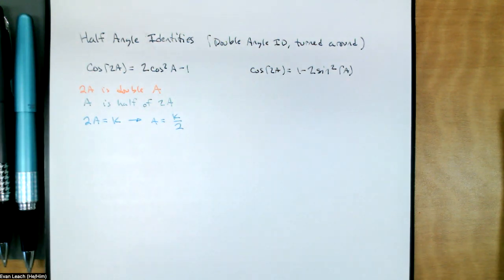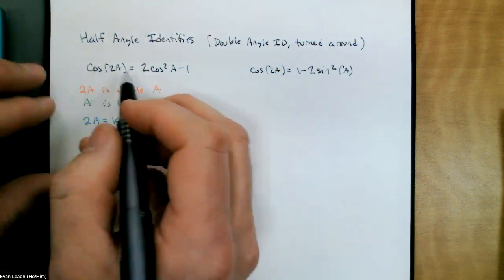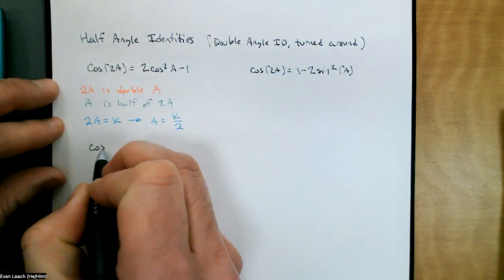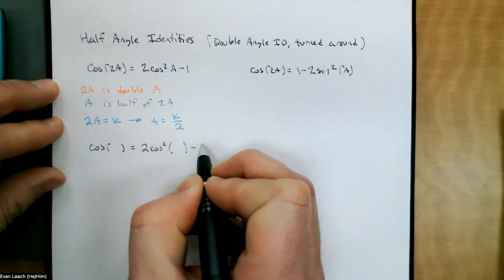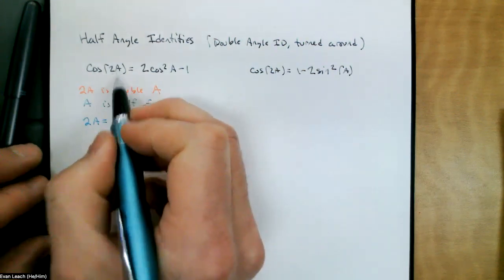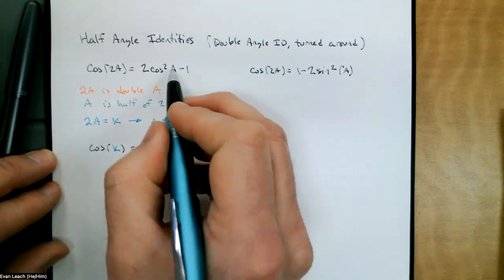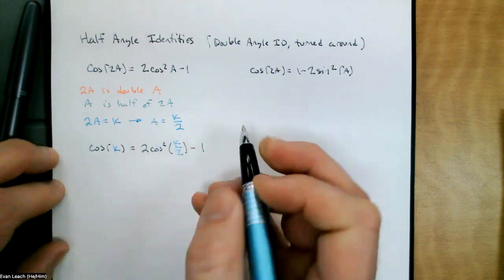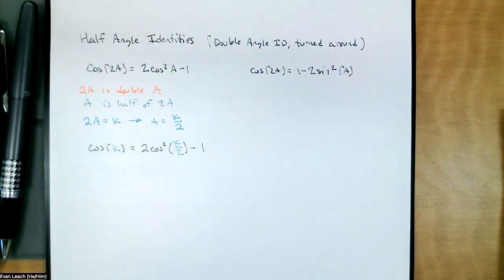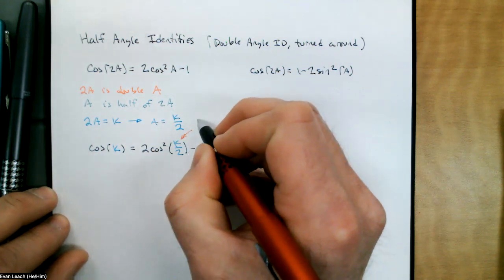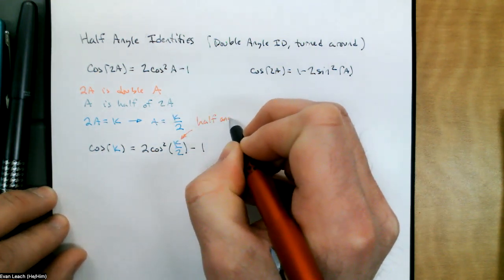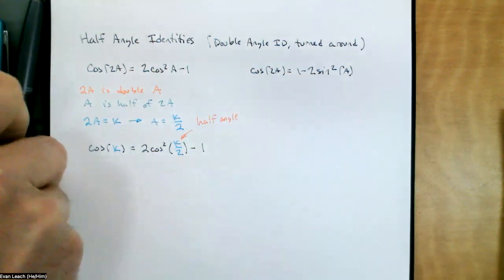So instead of saying cosine of 2A, I can say cosine of K, and A would just be K over 2. And there is the half in our half angle identity.